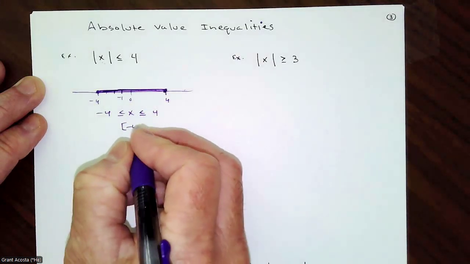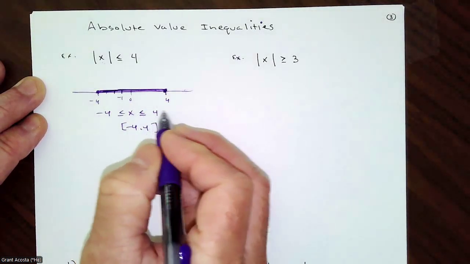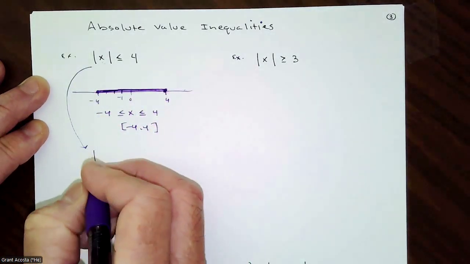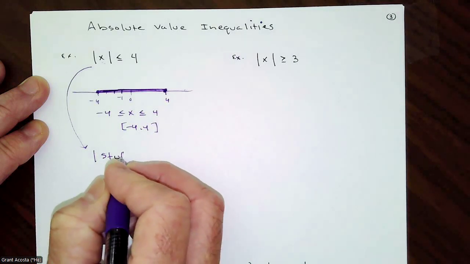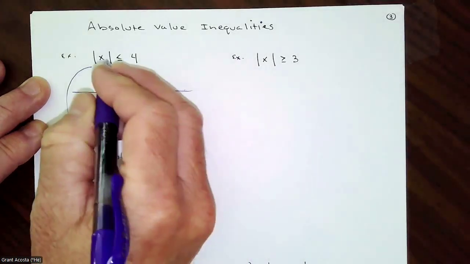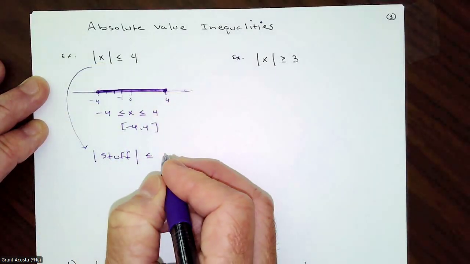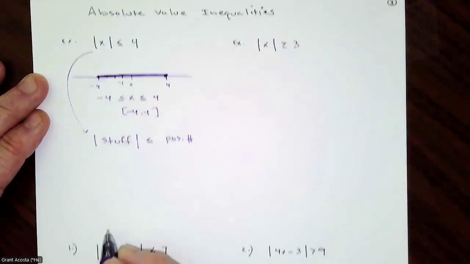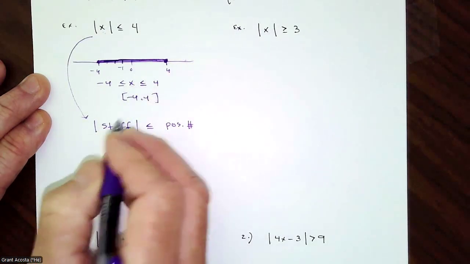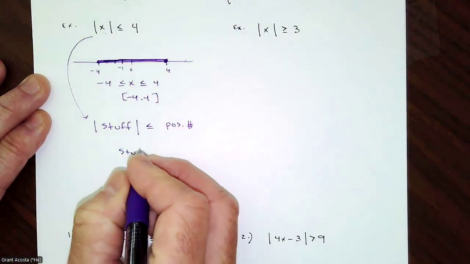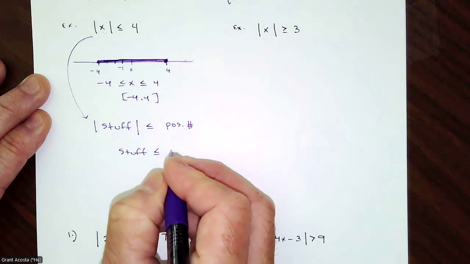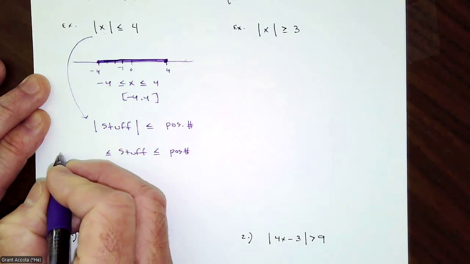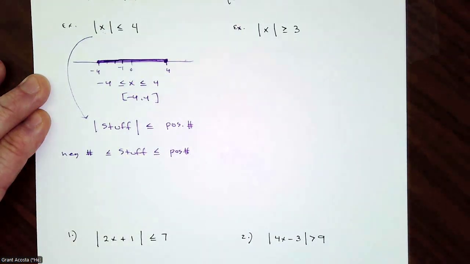But more importantly, the takeaway is that if I have the absolute value of some stuff less than a number, and again it has to be a positive number, then what must be true is that the stuff inside, like the x, has to be between that positive number and the negative of the very same number.